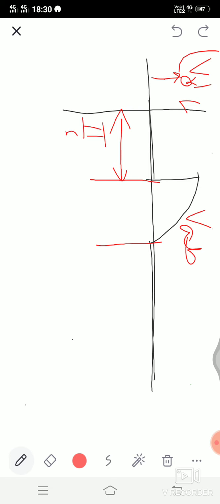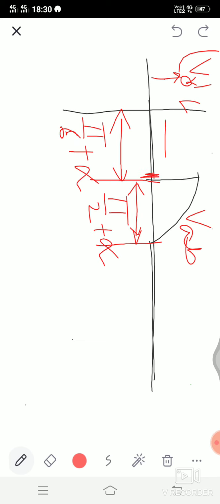I want to get a generalized formula for this, so that is why I'm writing in terms of alpha. Instead of writing pi by 6 plus 30, I'm writing pi by 6 plus alpha. Now this one is your 90, meaning pi by 2 plus alpha.